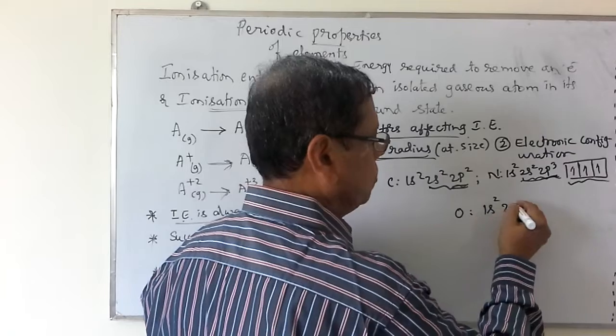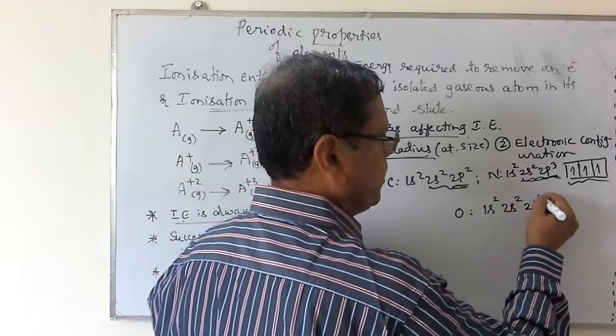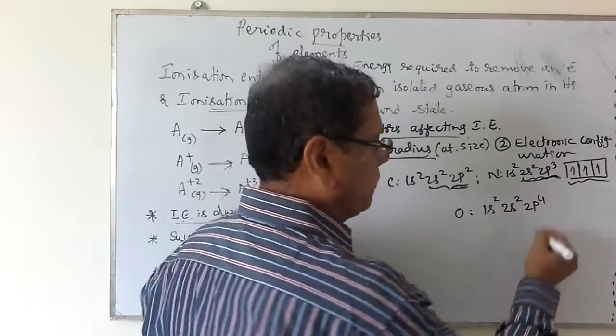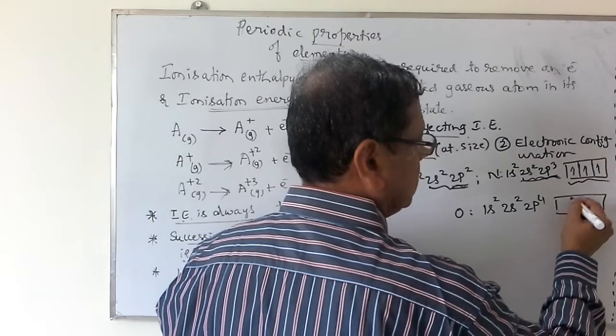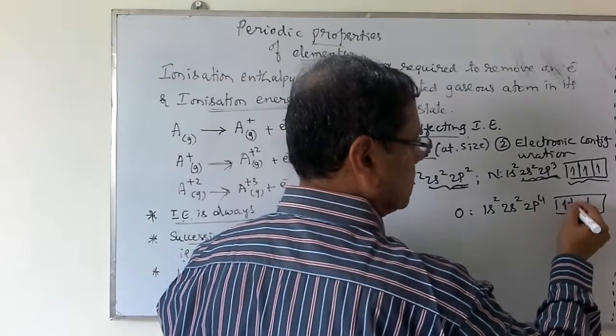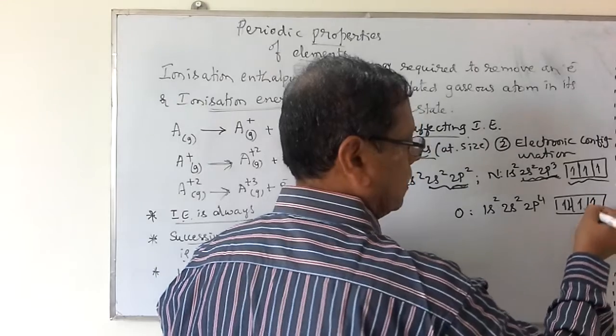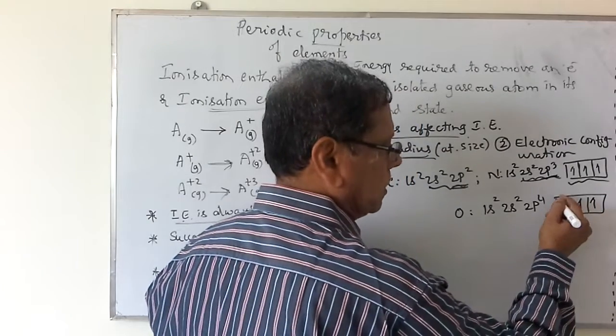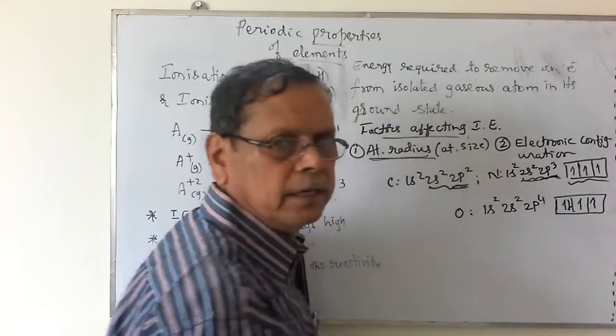oxygen has 1s2, 2s2, 2p4. That means there are 4 electrons in the p orbitals, like this: 2 electrons in the first and one electron each in the others.